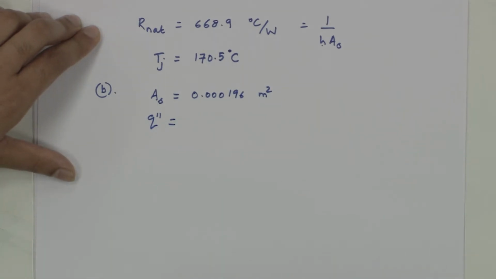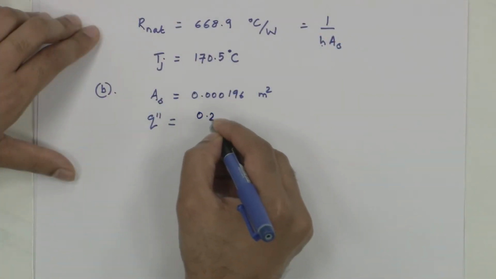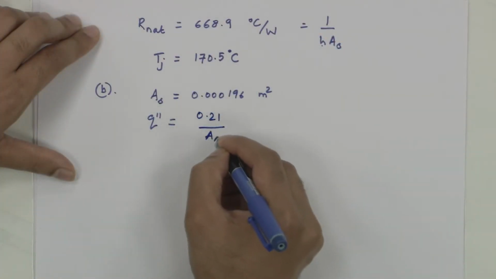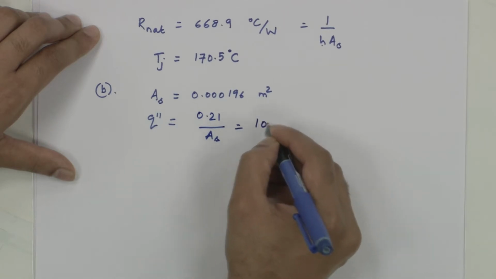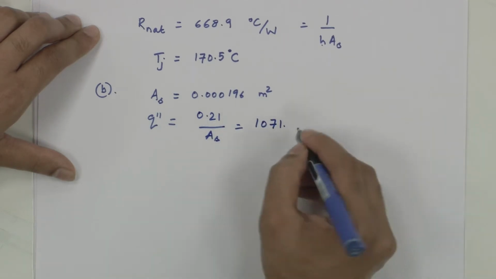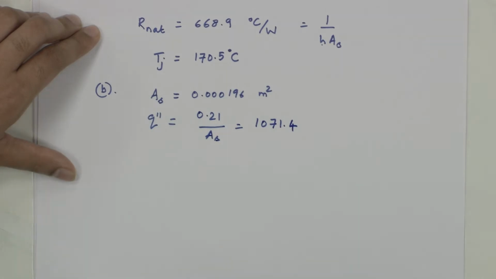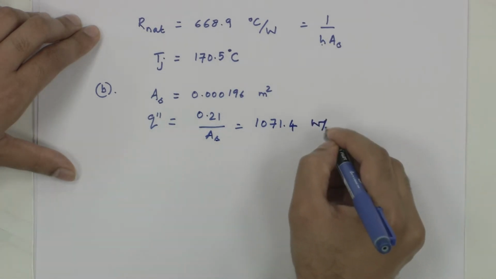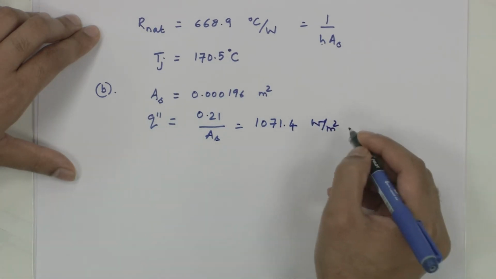Because the heat transfer is happening at the mold interface, we should use the mold area to calculate the flux, and the flux has now reduced to 1071 watts per meter square.